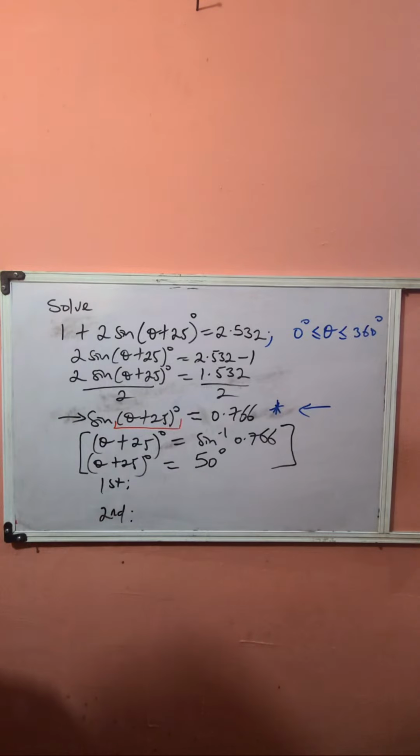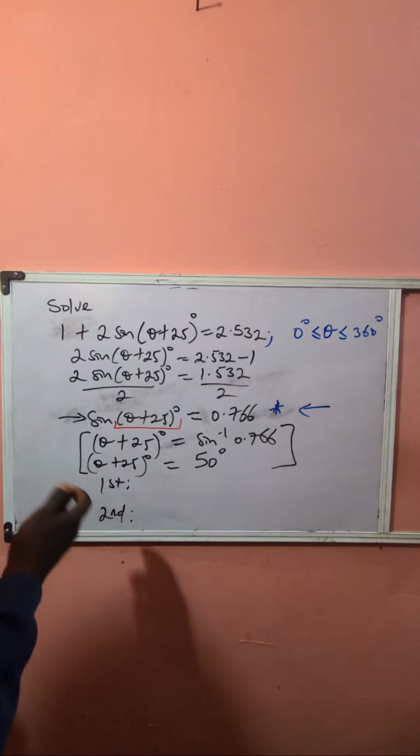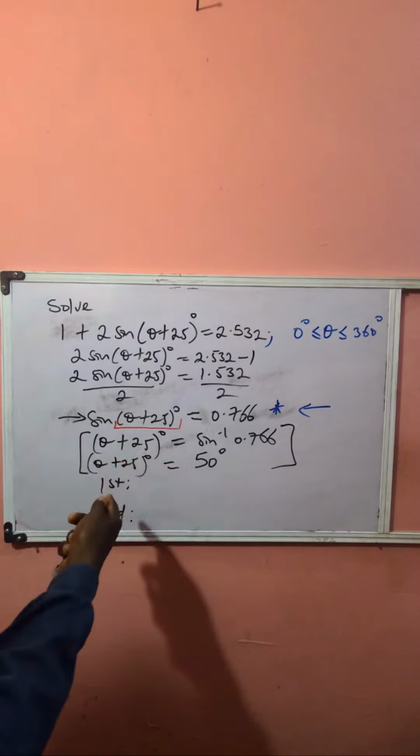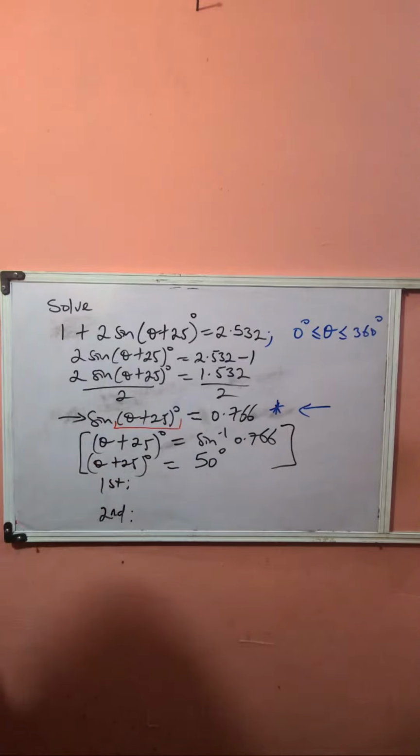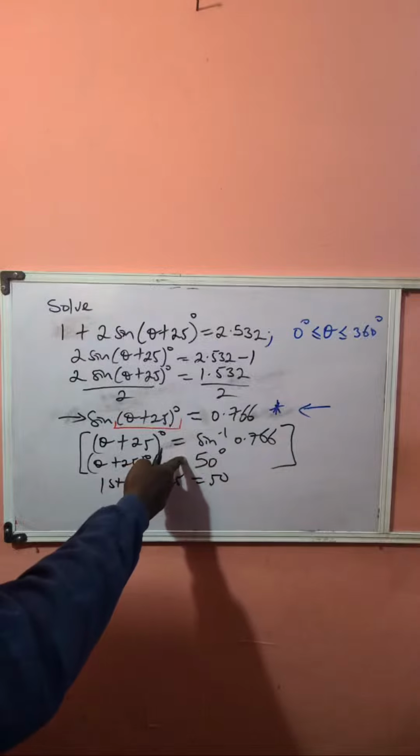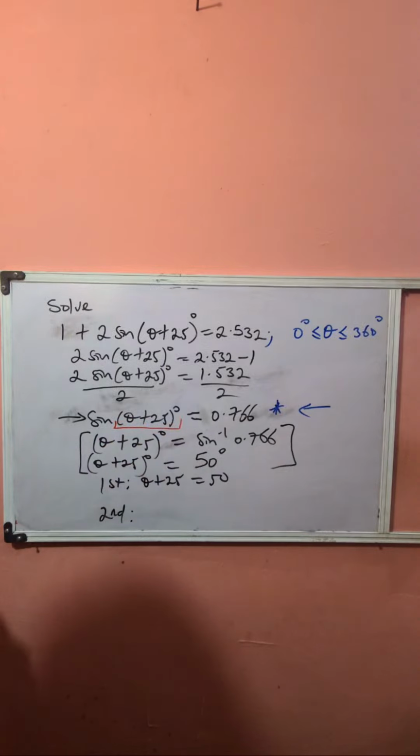What I need to do now is, first of all, remember, I told you when you are dealing with the first quadrant, all you have to do is to replicate what you have gotten here. So replicate whatever you have gotten initially.